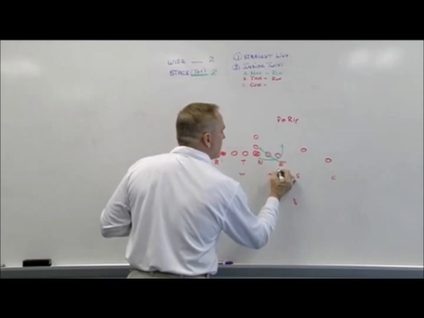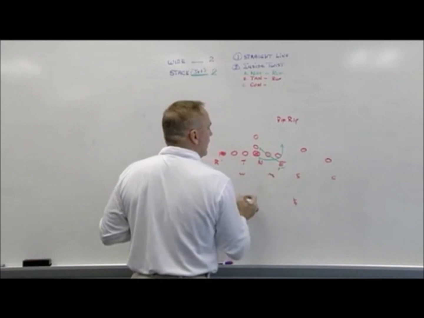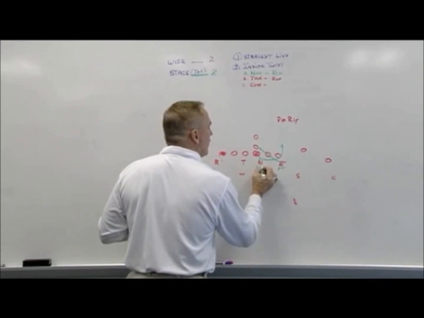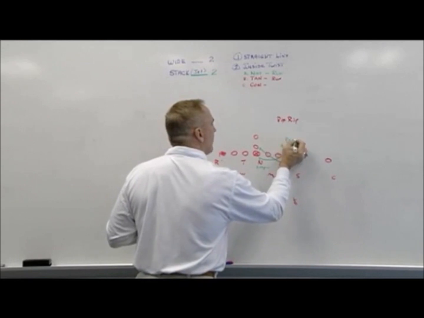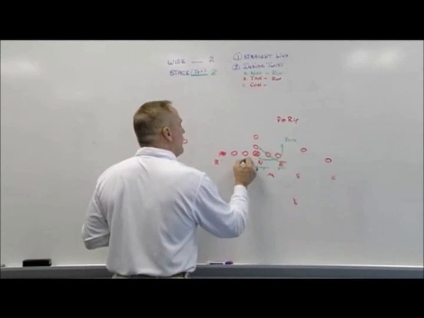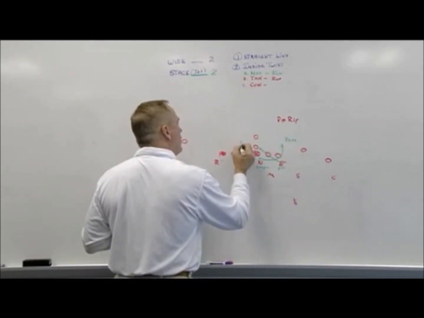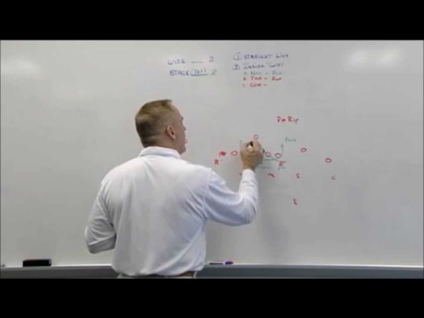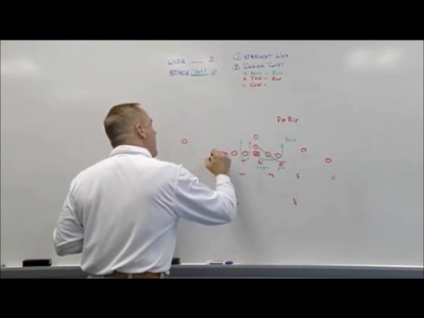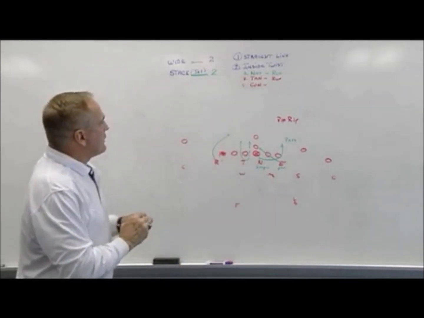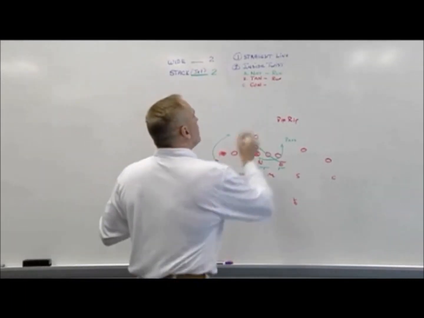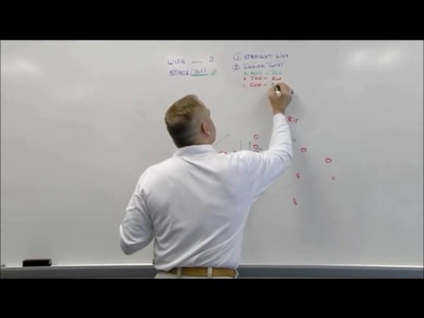So the end is the penetrator and the nose is the looper. I like this versus a pass. This way you've got a two-way go with the tackle in the A gap or the B gap, and we want the rush speed rushing outside. Hence the word con. I like that versus a pass.